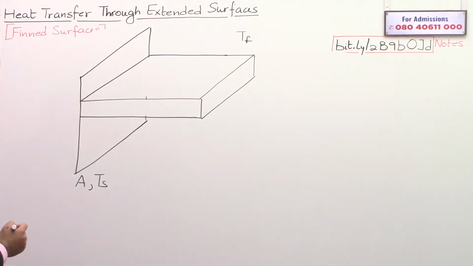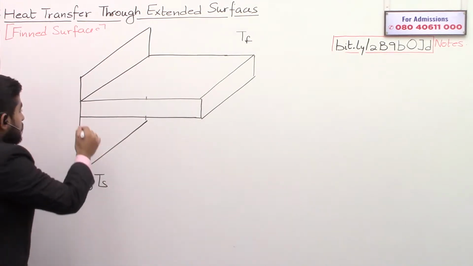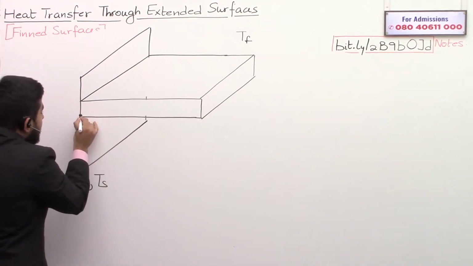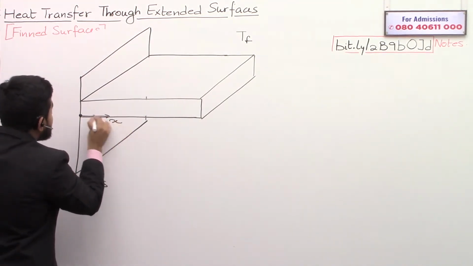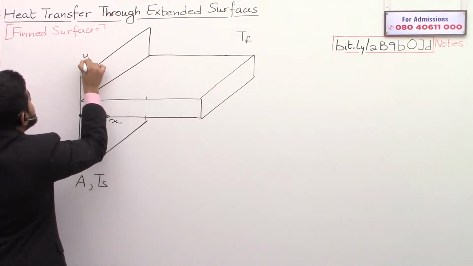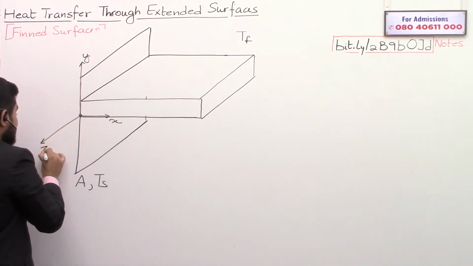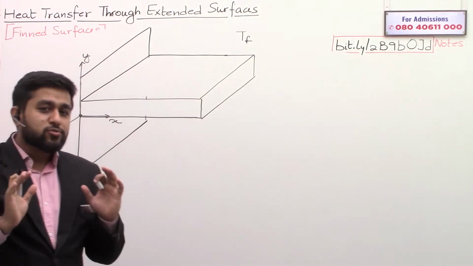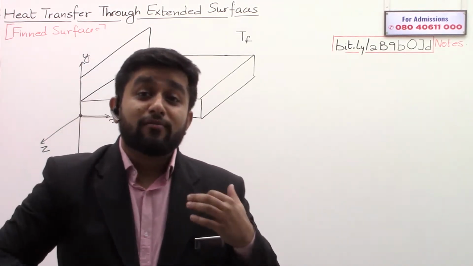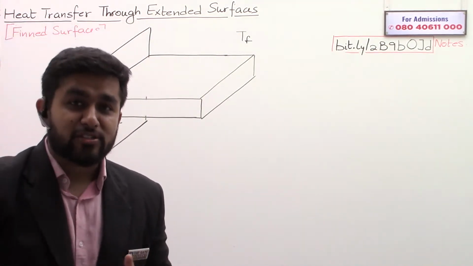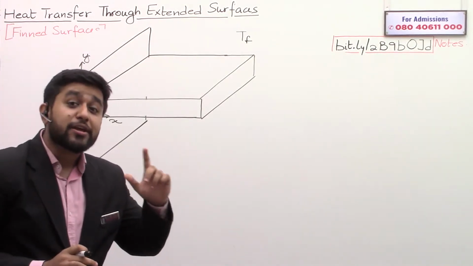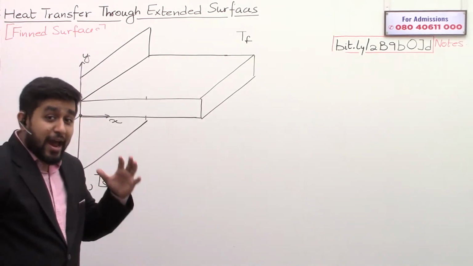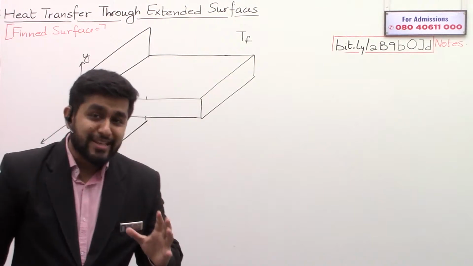Okay, so you can mark a coordinate system over here. That is the x-axis. This will become the y-axis and this will become the z-axis. So our only objective is to see how much there will be an increase in the rate of heat convection. And the same kind of question is asked in your exams also.